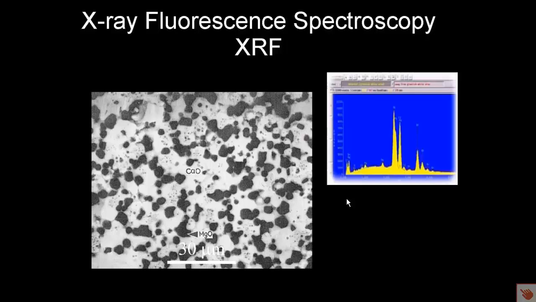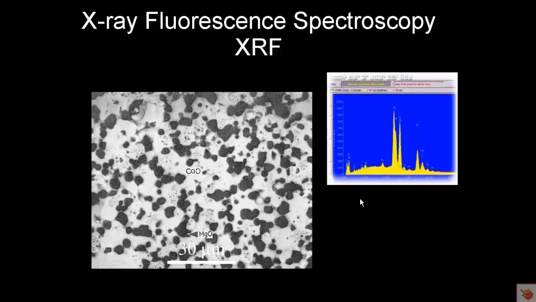The spectrum of the X-rays that are produced by the interaction of the electron beam with the material can be used to identify the material. So for instance, an electron beam can be focused on one area of the sample, say this dark area, and by looking at the spectrum of the X-rays we can identify that, for instance, here we have calcium present there. I think the dark area is actually magnesium and the light areas are calcium.